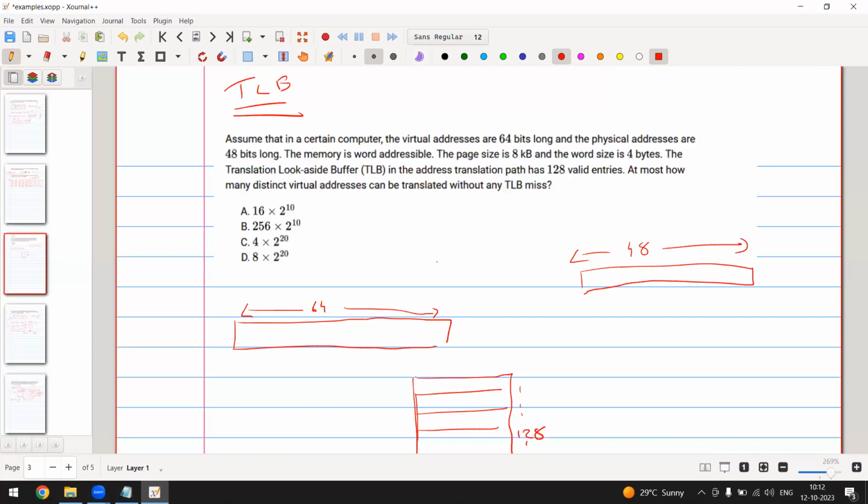First thing is the word size is 4 bytes. So what is the page size? Let me write the data here.